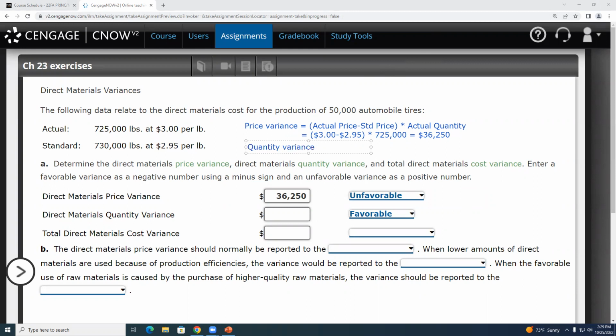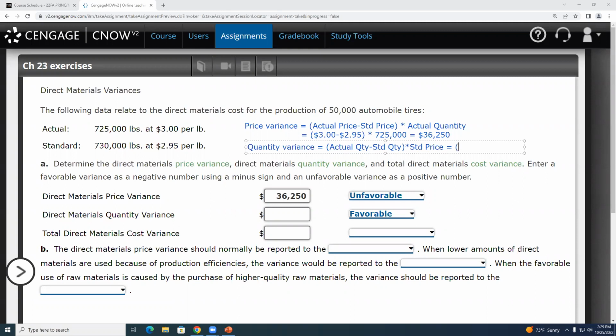Again, I showed you this formula in the PowerPoint. So we're doing the actual quantity, I'm just going to abbreviate here, minus the standard quantity times the standard price.